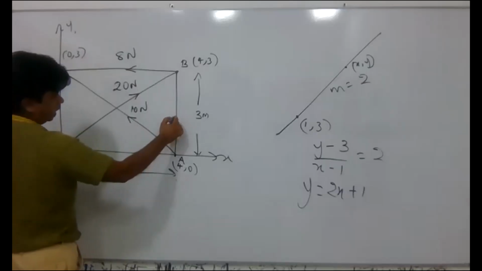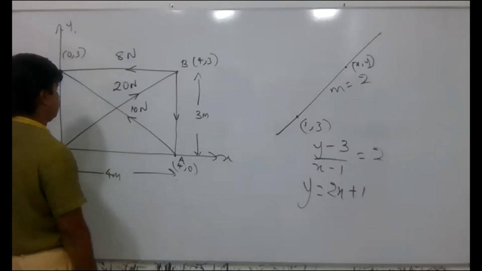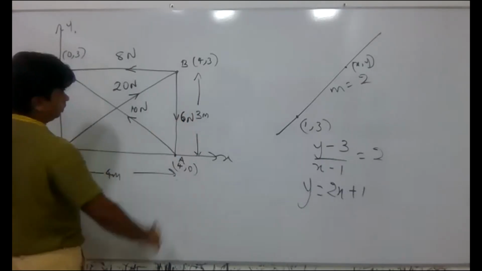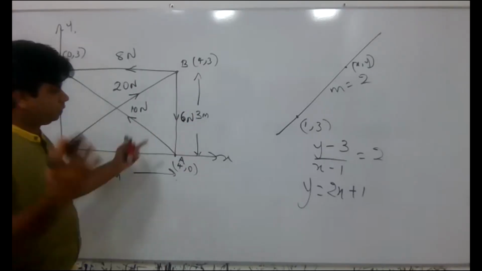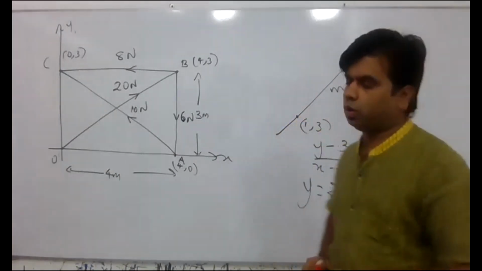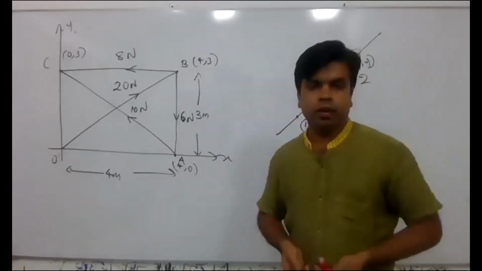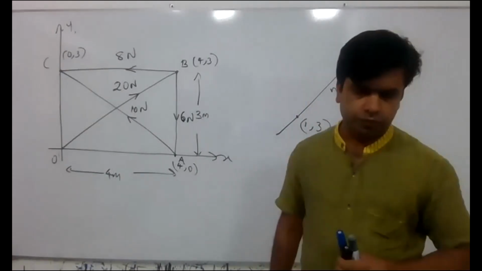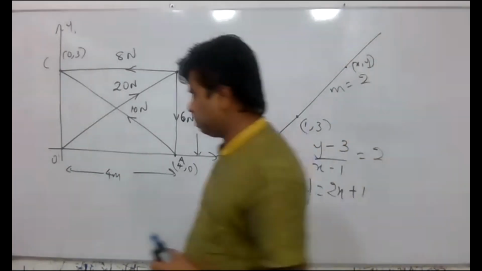And this way, suppose 6 newtons, clear? Now, you are given a system of coplanar forces. We want to find out the resultant and the equation of the line of action of the resultant. Now, that's very simple, right?